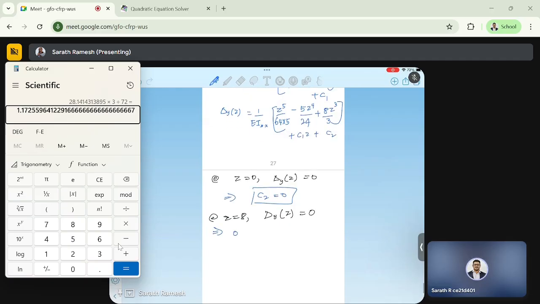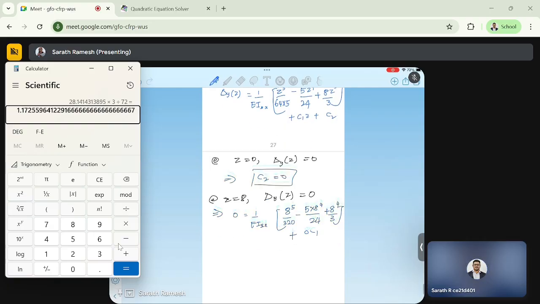So this implies 0 equal to 1 by EI xx, z power 5, no, z is 8, I have to substitute, so 8 power 5 by 320 minus 5 into 8 power 4 by 24 plus 8 power 4 by 3 plus 8 C1.